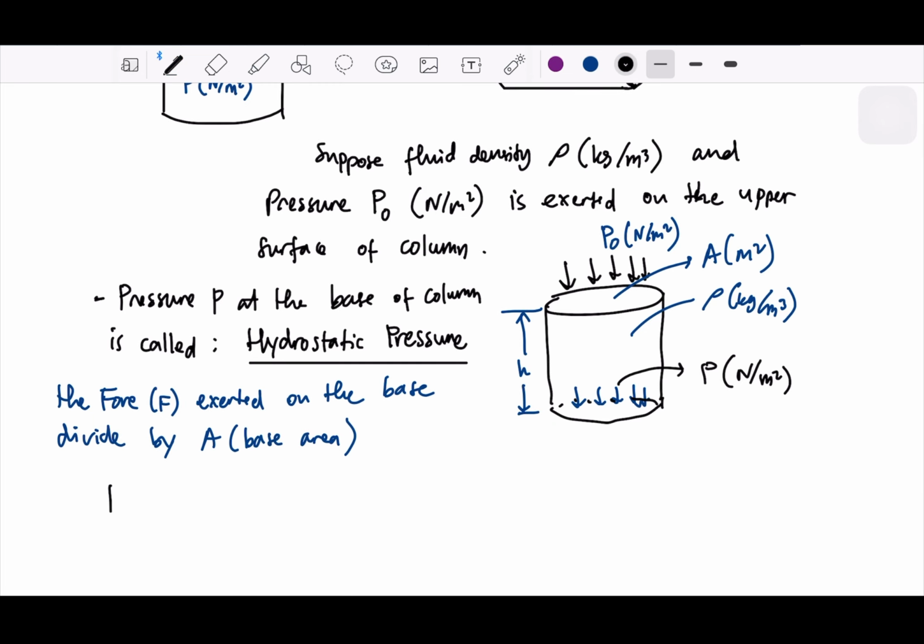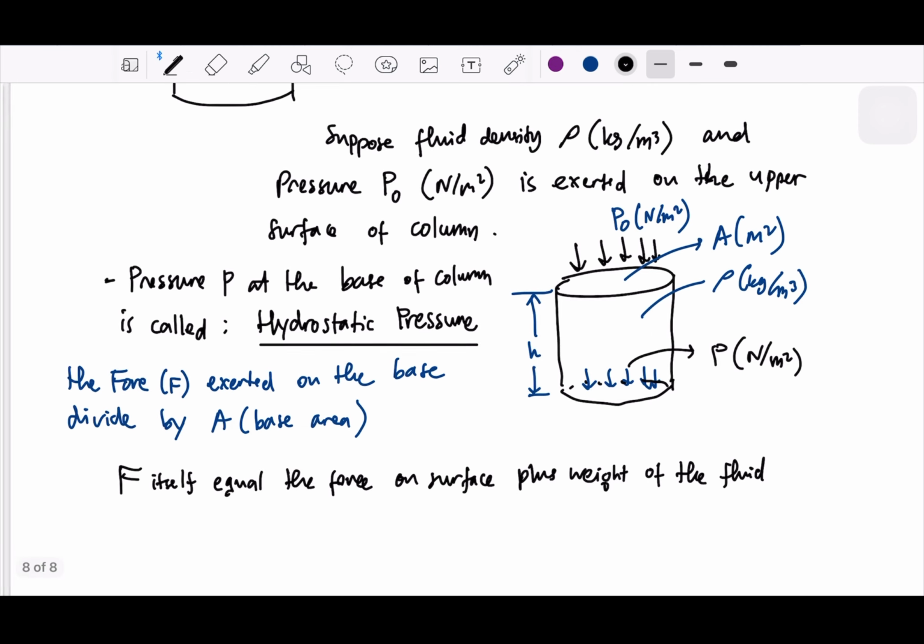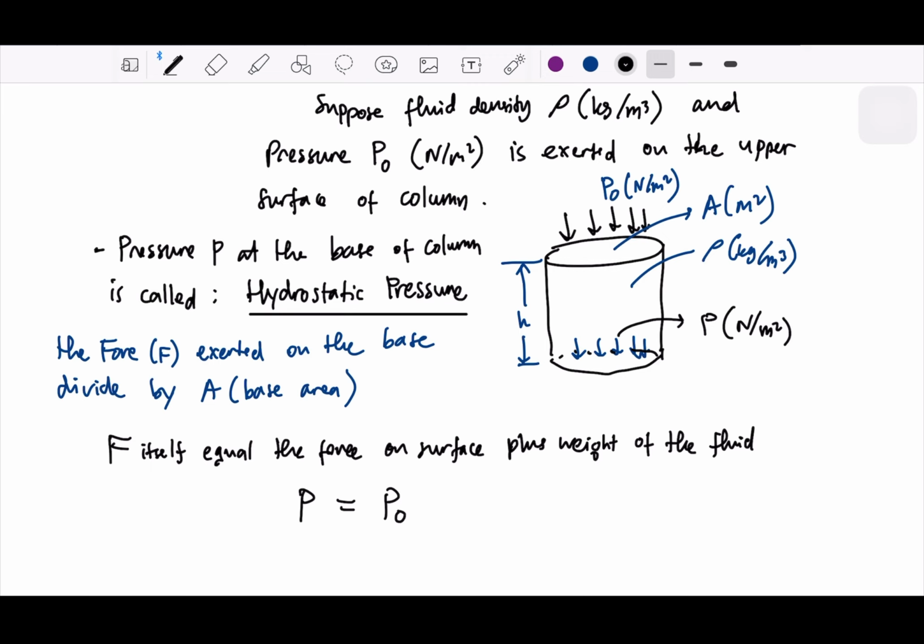And F itself equals the force on the surface plus the weight of the fluid. And then if you use some terms from force and mass, you can convert it into P equals P0 plus rho g h.